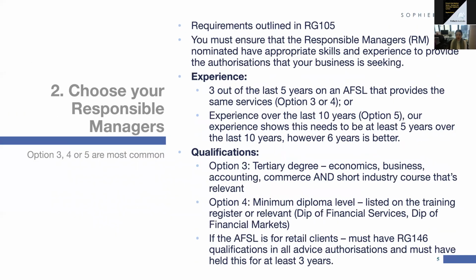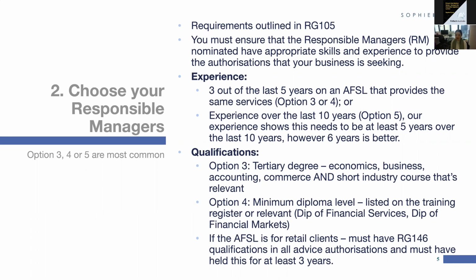So under RG 105, you have to meet both the experience and the qualifications. So you need to have at least 3 of the last 5 years experience, as well as the relevant tertiary qualification. If you can't meet that 3 of the last 5 years, then obviously you have the option to go under the option 5, which is the 5 or 6 years out of the last 10 years.